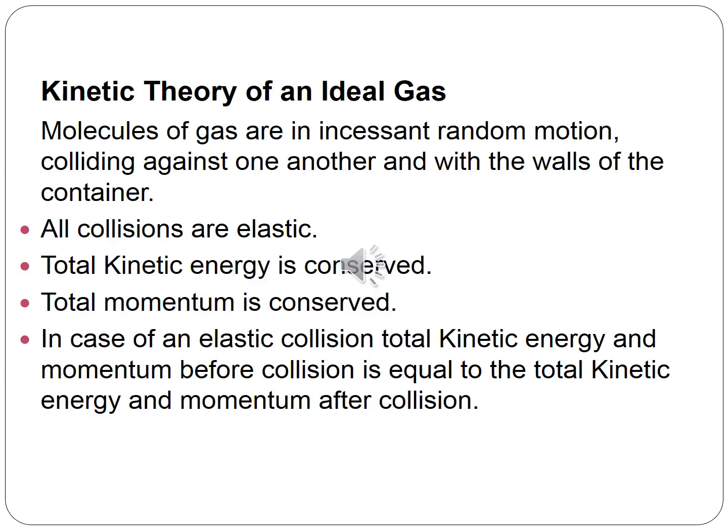They are colliding against one another and with the walls of the container. All collisions are elastic in nature. That is, in an elastic collision, total kinetic energy and momentum before collision are equal to the total kinetic energy and momentum after collision. So, we can say that in an elastic collision, total kinetic energy and momentum are always conserved.